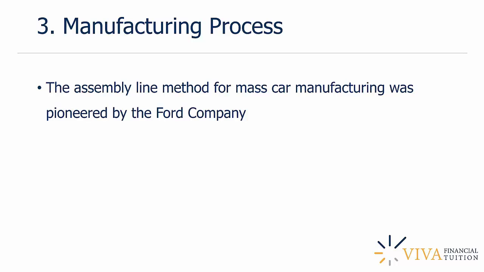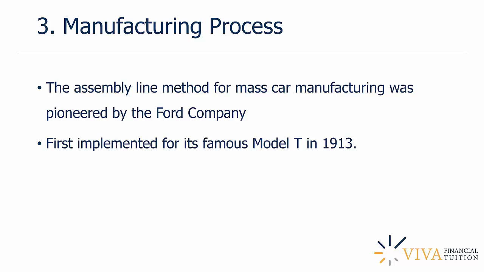The assembly line method, of course, for mass car manufacturing was pioneered by the Ford company at the beginning of the 20th century, first implemented for its famous Model T in 1913.